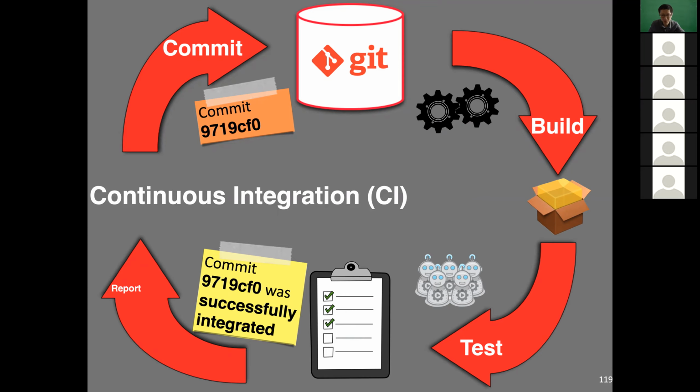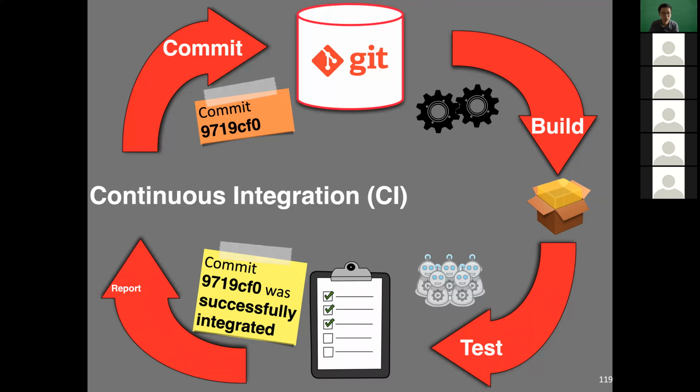So all these things are automated in the continuous integration framework. So as soon as you make your code change, you make a commit, the build and testing will be run automatically. So you can achieve the goal of releasing your system multiple times a day or multiple times an hour, right?